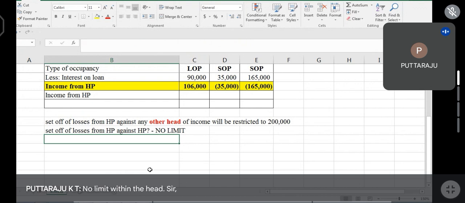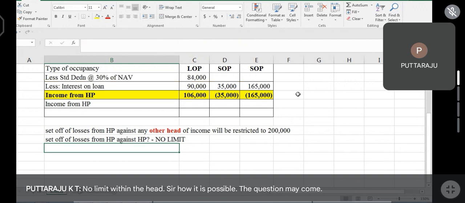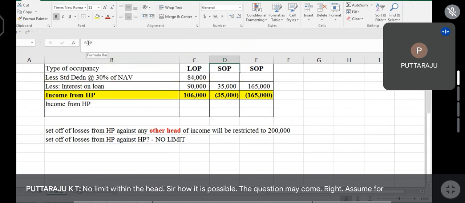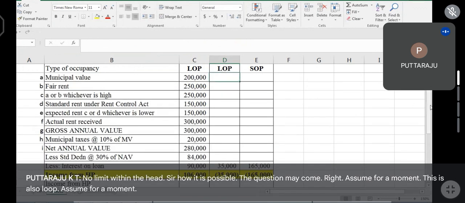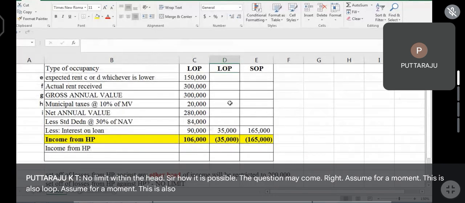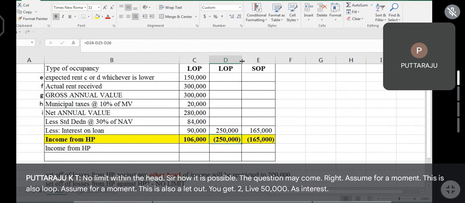Sir, how is it possible? The question may come, right? Assume for a moment this is also LOP. Assume for a moment this is also a let out. You get 2,50,000 as interest. Assume this is also let out.